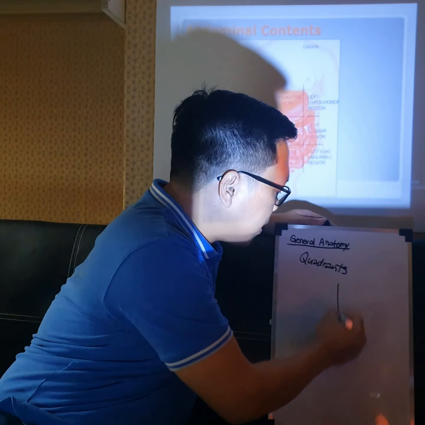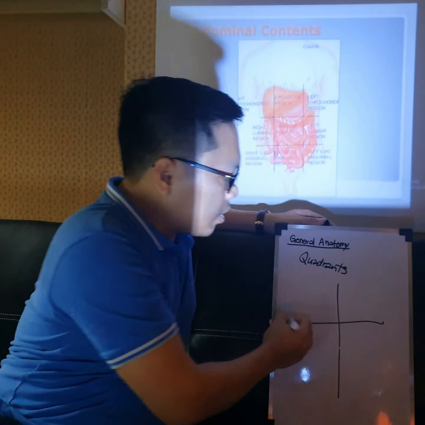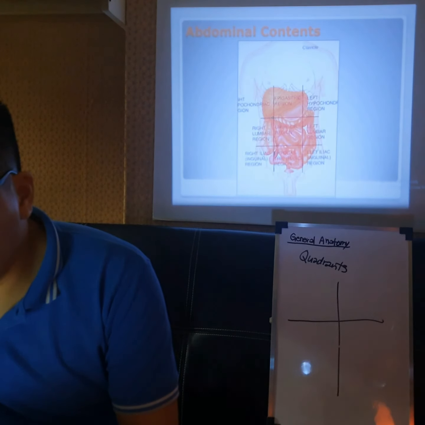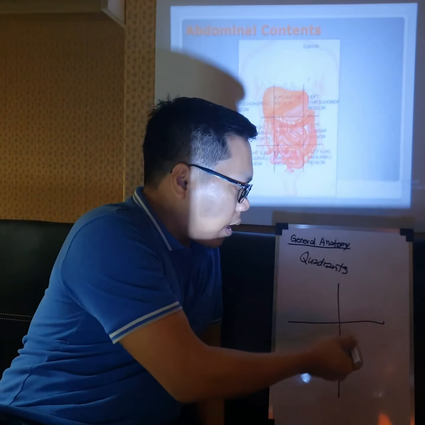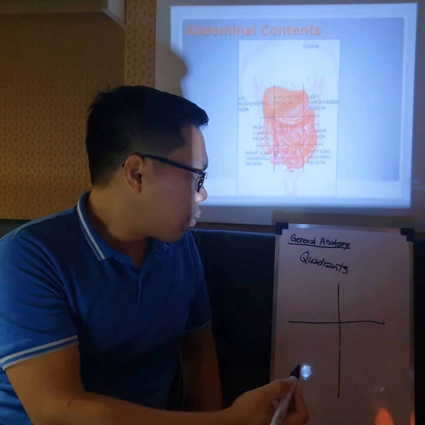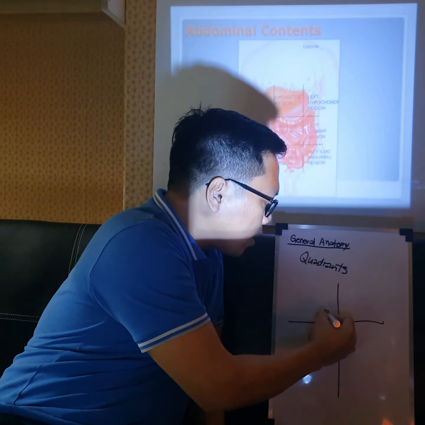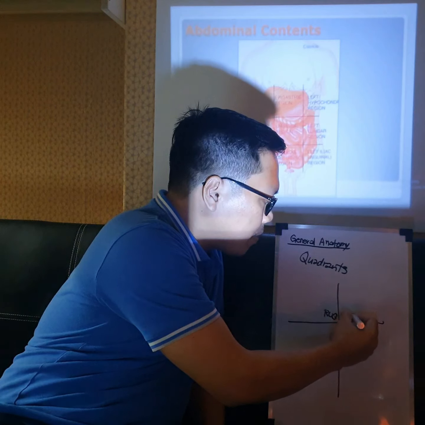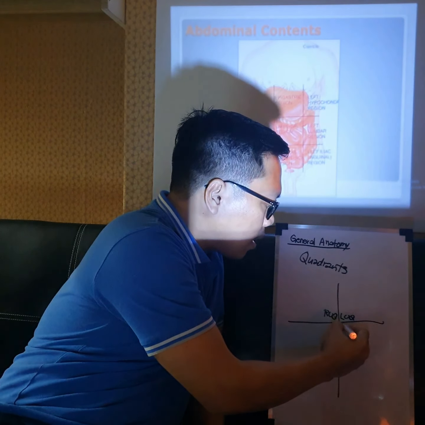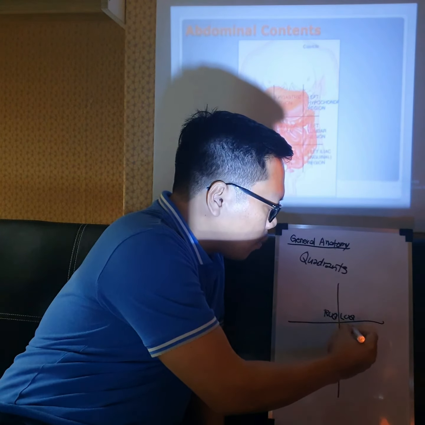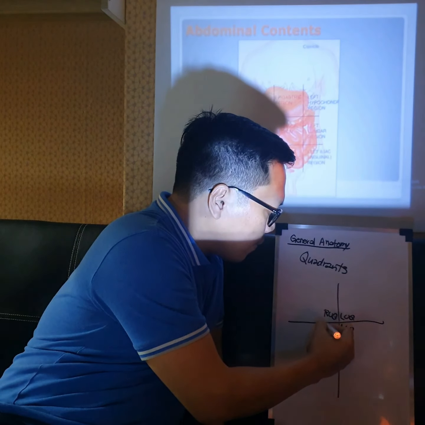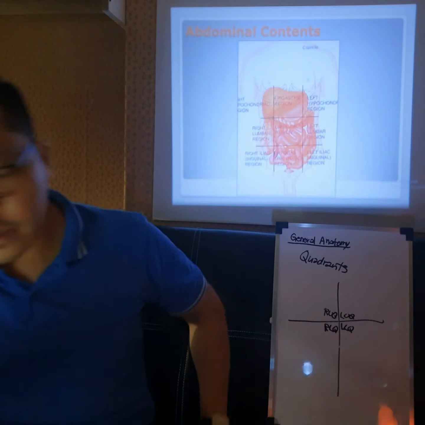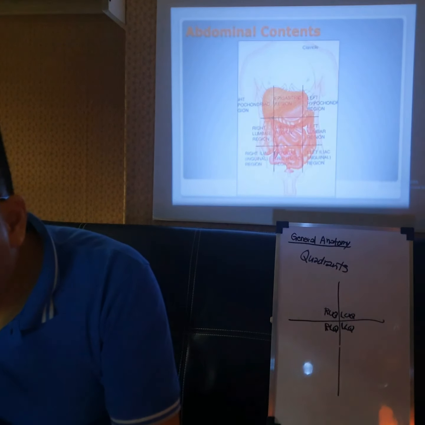Pag sinabi natin quadrants, quad meaning 4 only siya. Okay? So, paano natin pinapangalanan yung quadrant? So, syempre meron tayong right upper quadrant. We have left upper quadrant. We have left lower quadrant and the right lower quadrant. So, ganyan yung division niya.